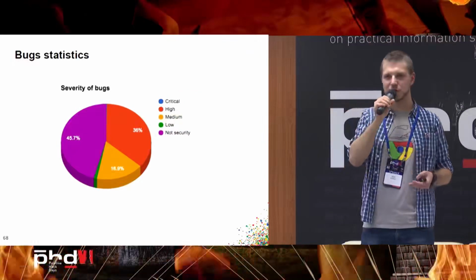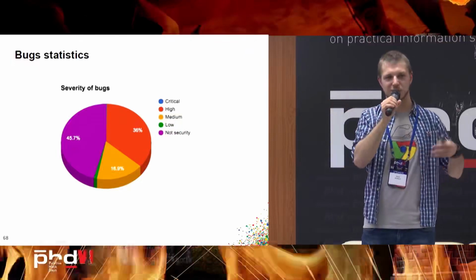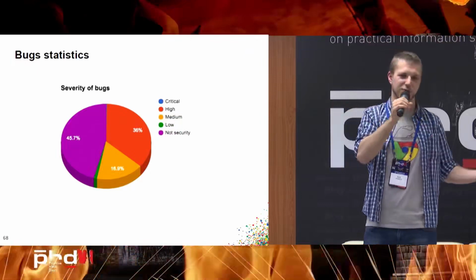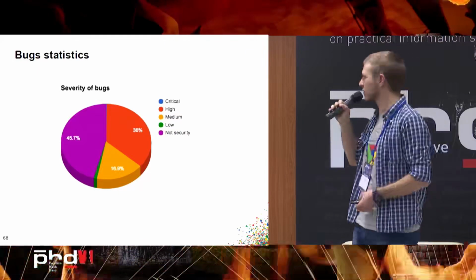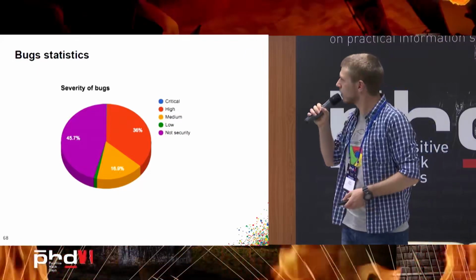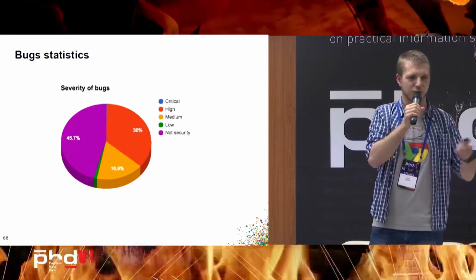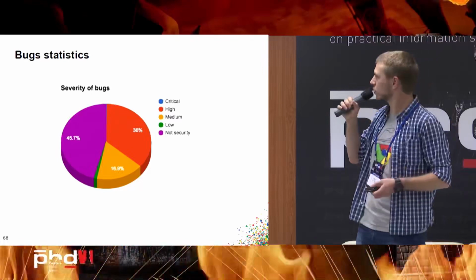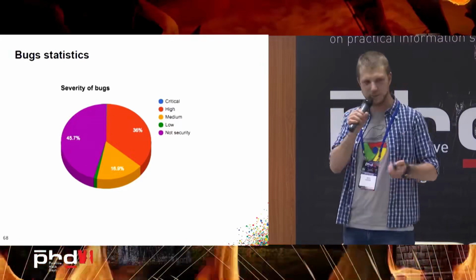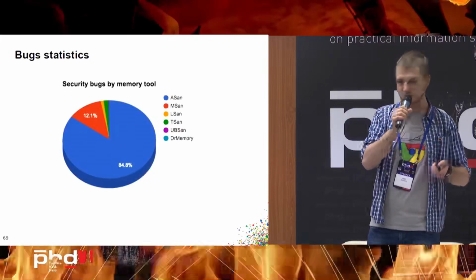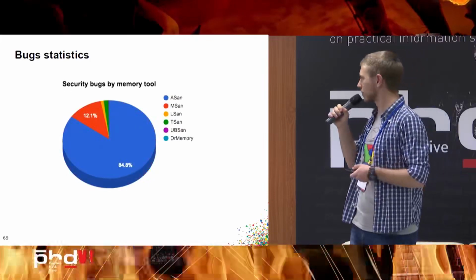According to our guidelines, critical is where you can actually run your process outside the sandbox. So once you've escaped the sandbox, you're considered critical. I think there are about 7,000 bugs shown here, and we had 17 critical ones. So critical are very low.